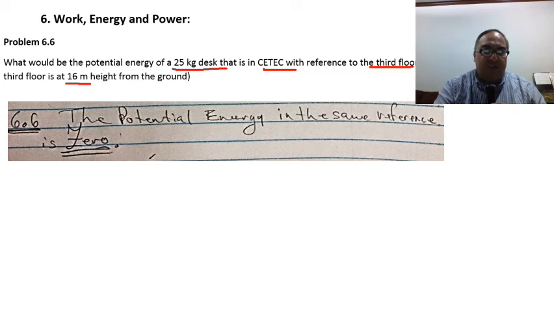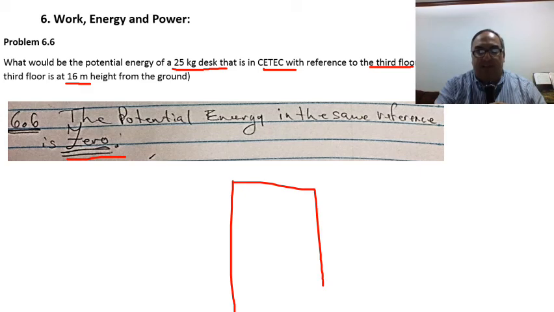And the answer is 0, because imagine we have a building. In that building, we have the 3rd floor here. And it doesn't matter where it is, but if you take the reference of this desk with reference to this floor, it is 0, because if you remember, the formula is potential energy is equal to M, the mass, G, gravity, and H. But what is H?